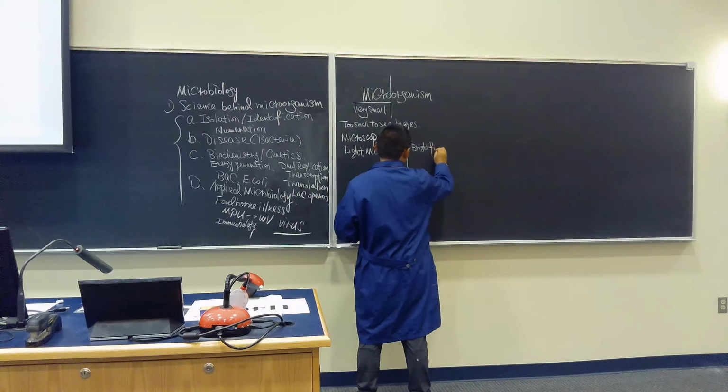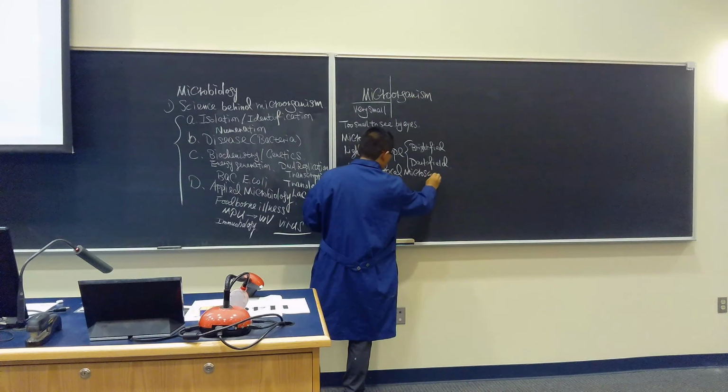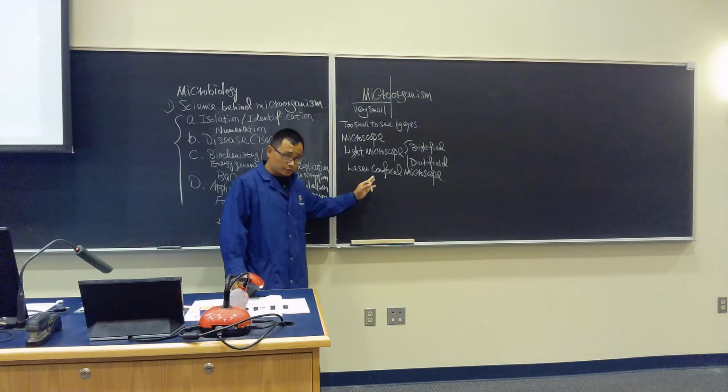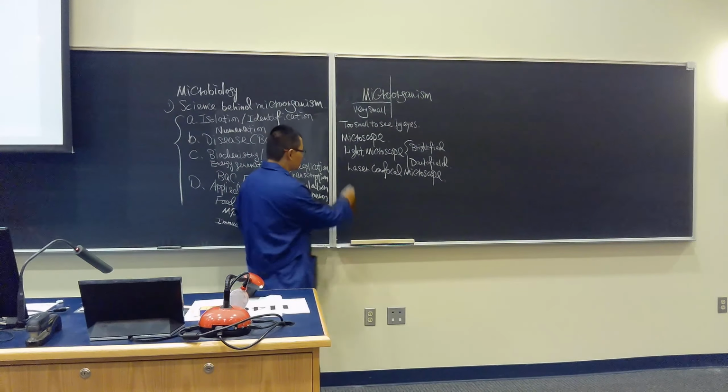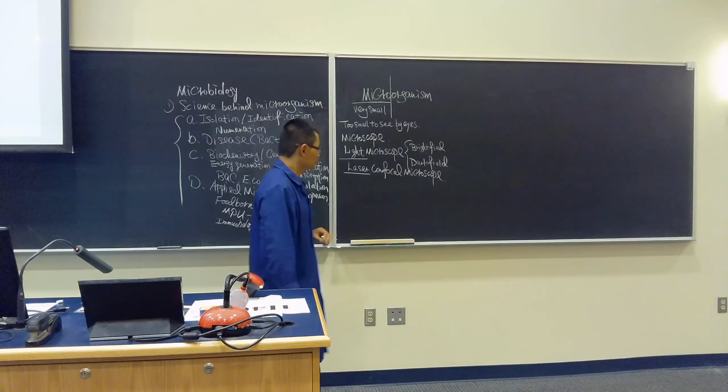And then we have like laser confocal microscope. What's the difference between that? Light microscope, the energy resource is light, and the laser confocal microscope, the energy resource is laser. We will talk about that later.